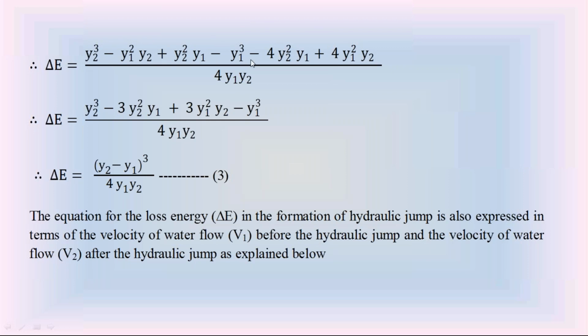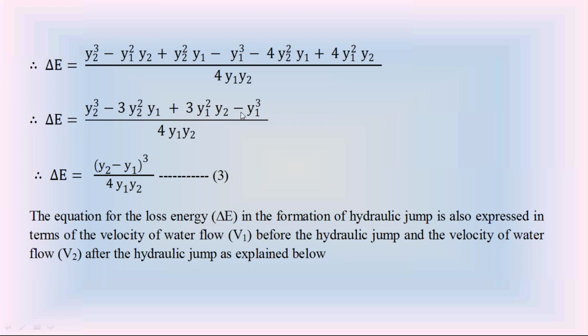Then this numerator on the right side becomes Y2 cube minus 3 Y2 square Y1 plus 3 Y1 square Y2 minus Y1 cube, divided by 4 Y1 Y2. This numerator is in the (a minus b) whole cube form. (a minus b) whole cube is equal to a cube minus 3 a square b plus 3 a b square minus b cube. So in the numerator we have that (a minus b) whole cube formula.